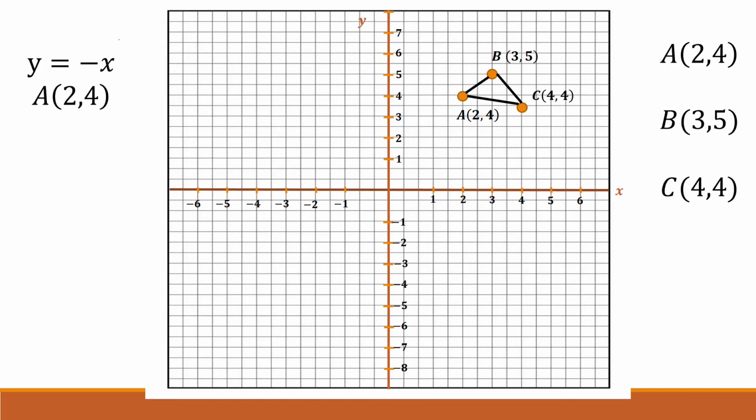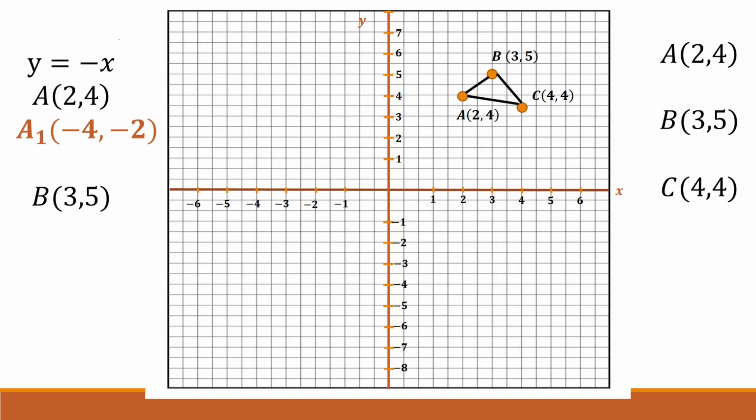If I pick the first point, which is A, 2, 4, and we are reflecting in the line y equals negative x, what do you remember? We said first, we reverse the 2 points and negate them. So the image point is A1, which is negative 4, negative 2. The second point was B, which is 3, 5.